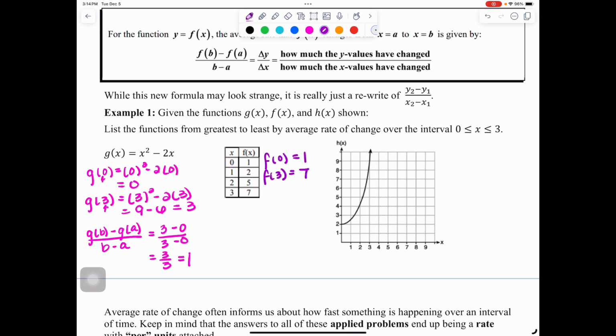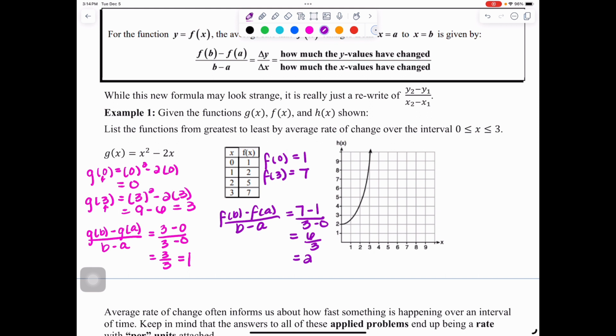So now that formula that we had over there, now with f's, so f of b minus f of a all over b minus a would be equal to f of b, which would be the f of 3, was 7, minus f of a, which would be the f of 0, which is 1, over b minus a, which was 3 minus 0. So 7 take away 1 gives us 6 over 3. And then we see that this has an average rate of change of 2.